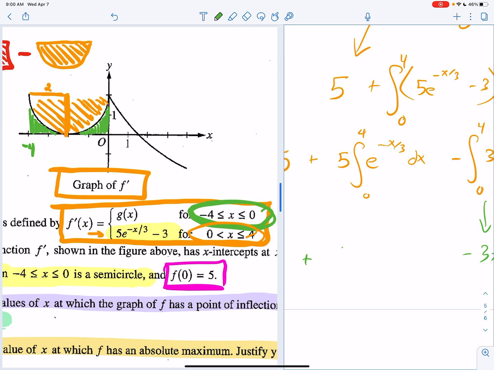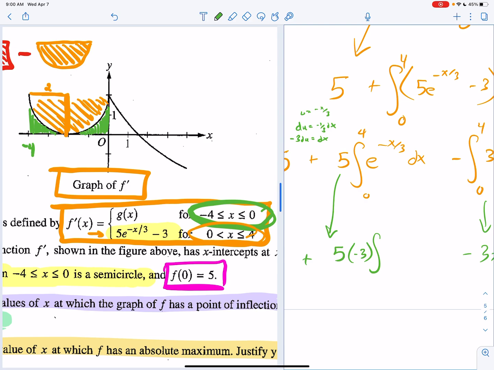Okay, so this is going to be 5. We're going to go ahead and let u equal negative x over 3. So du would be negative 1/3 dx. So dx would be negative 3 du. I know I went through that very quickly, but if you need help with that, please do let me know. So I know a negative 3 is going to be on the outside.